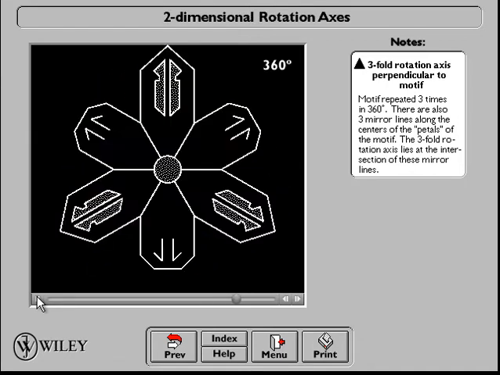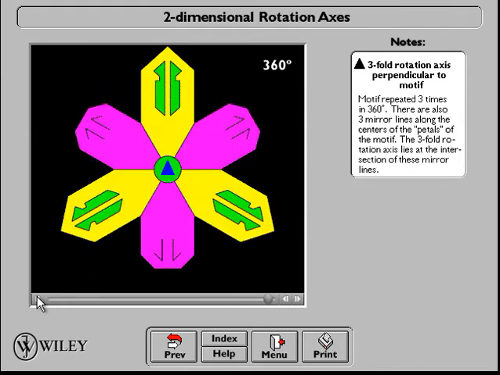And now we are turning it again 120 degrees, and it repeats itself 3 times in 360 degrees. Therefore we have here a three-fold axis. Then we have here a mirror plane, here a mirror plane, and here a mirror plane.